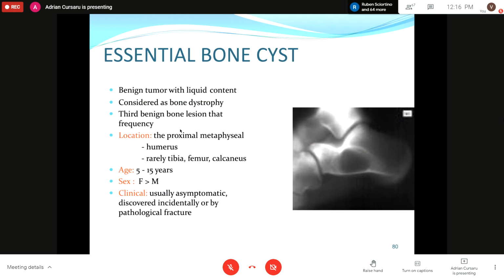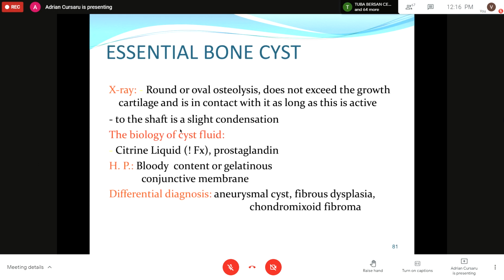Another type of bone tumor is the essential bone cyst. It is a benign tumor with liquid content. The localization is the proximal metaphysis of the humerus, rarely the tibia, femur, or calcaneus. It is more frequent in children than in adults, and more frequent in females in comparison with males.